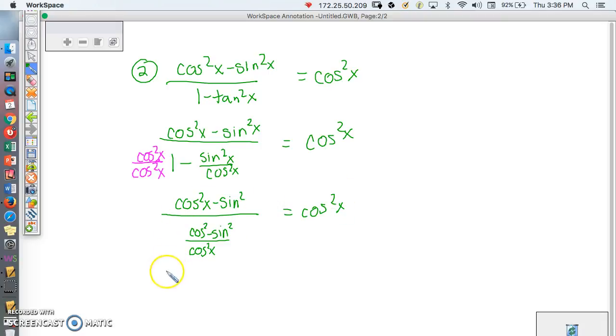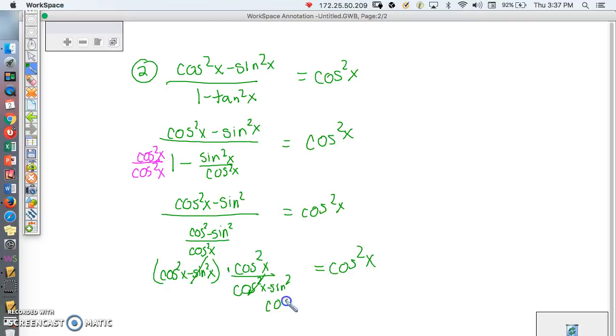And now we have to multiply by the reciprocal. So cosine squared of x minus sine squared of x times cosine squared of x over cosine squared of x minus sine squared of x equals the cosine squared of x. And then those reduce out. So we have cosine squared of x equals cosine squared of x.